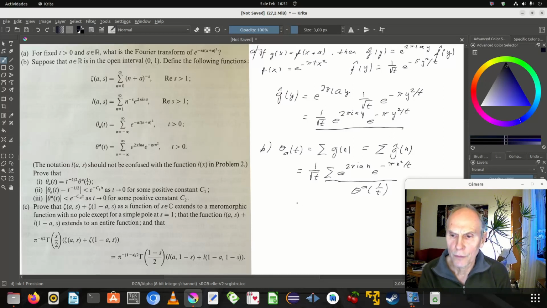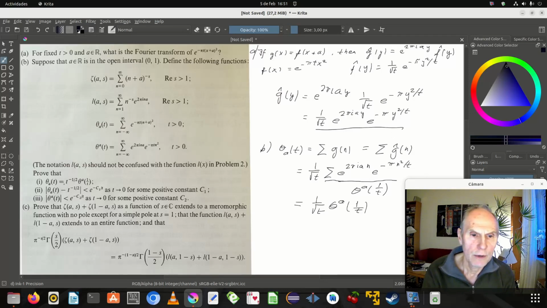Yeah. So it's just equal to 1 divided by square root t, theta A of 1 divided by t. And that's what we should prove. All right, so that was the first part.